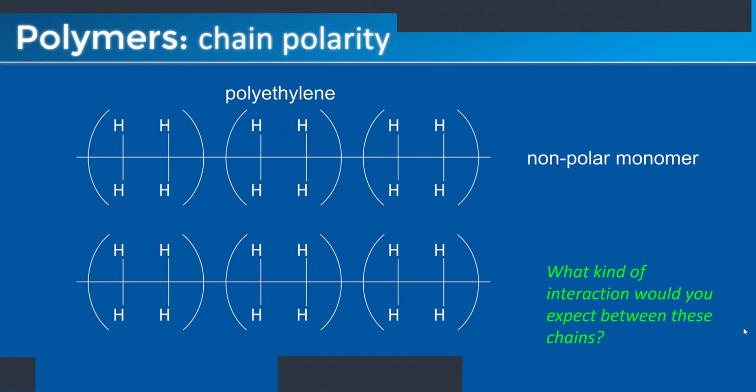Okay, so I wanted to talk about the polarity of polymer chains before we jump into talking about specific polymers and what they might be good for. So here I've illustrated 2 molecules of polyethylene. Polyethylene is the most boring polymer that you would ever want to see. All it is is carbons and hydrogens, single bonds everywhere.